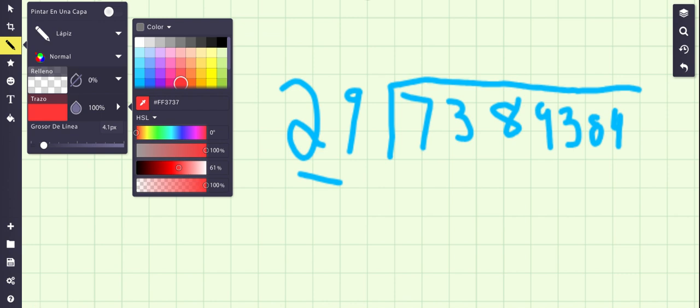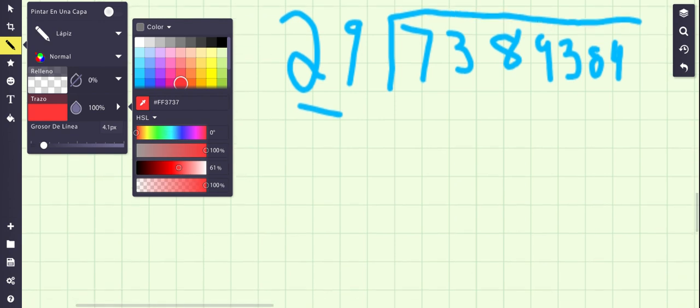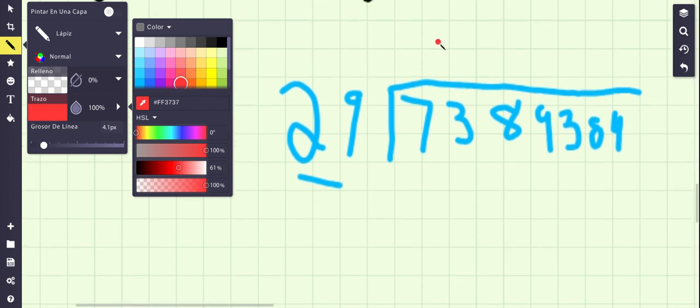So, how much can 29 fit in 53? It can fit about 1 time.